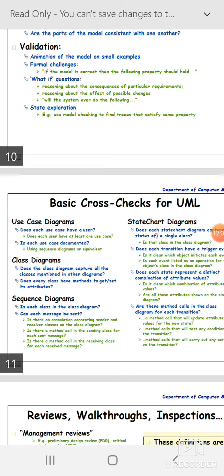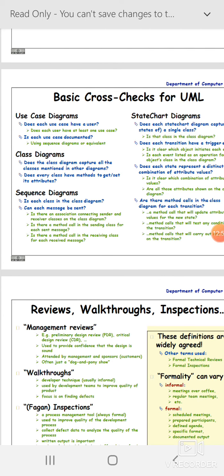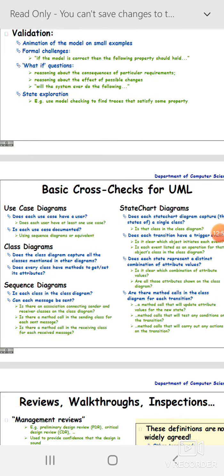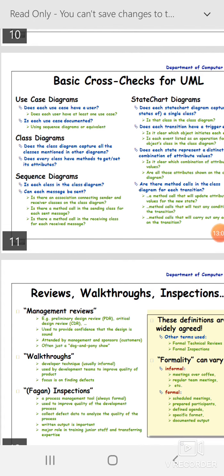Now basics: cross check for UML, use case diagrams through which we can check verification and validation. It can also be done by class diagrams, state chart diagrams, and sequence diagrams. So a lot of things can be performed in verification.